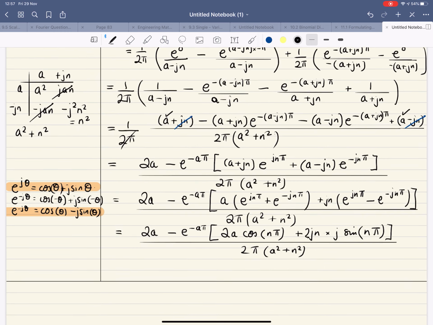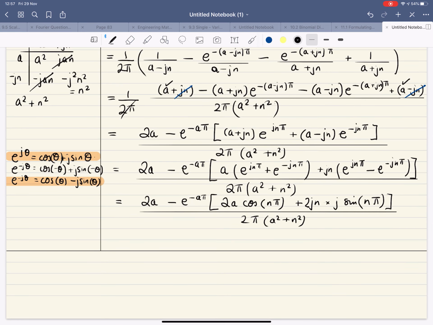I'm going to need a new page now, unfortunately. So, right, let's simplify this line. 2a minus, now look, there's a 2 in each of these. 2 e to the minus a pi, and then that leaves cos n pi.